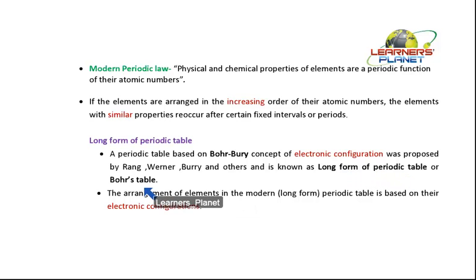He suggested that the physical and chemical properties of the elements are periodic functions of their electronic configuration. The arrangement of elements in the modern periodic table is based on their electronic configuration.